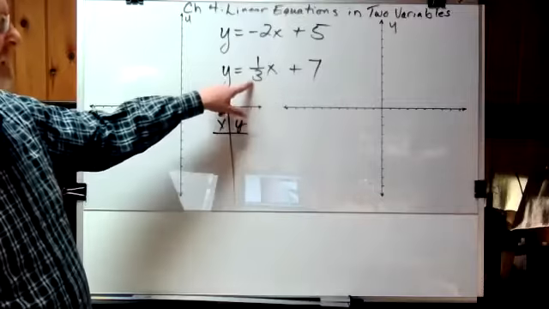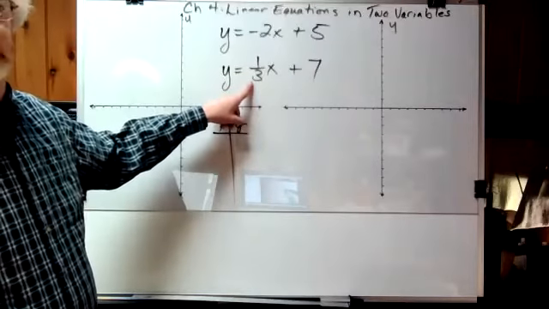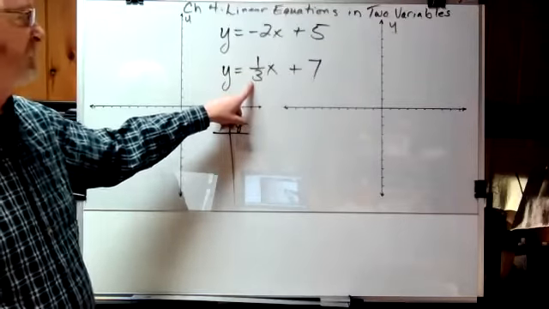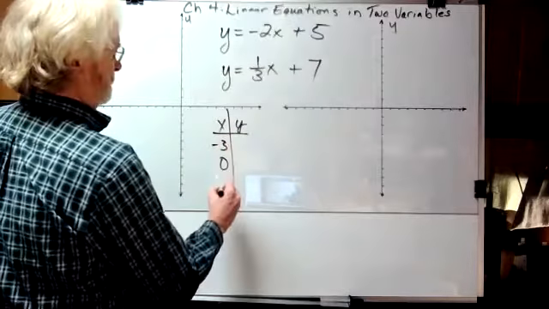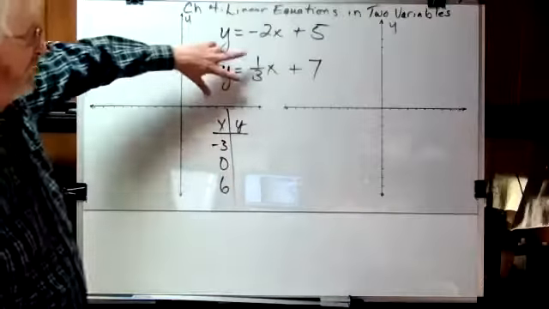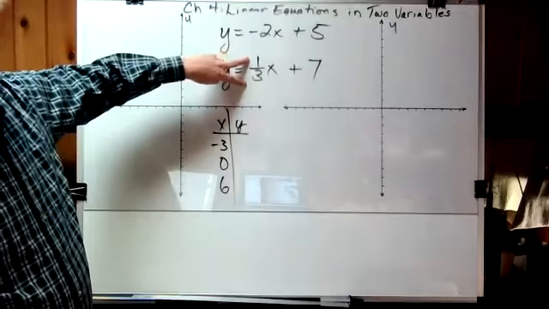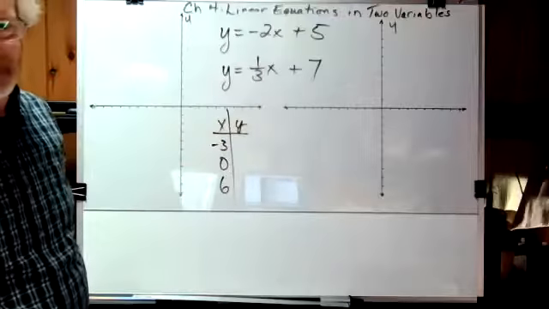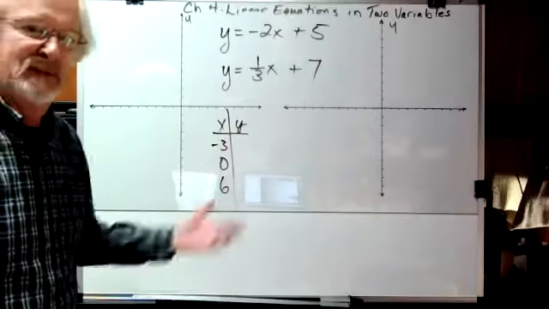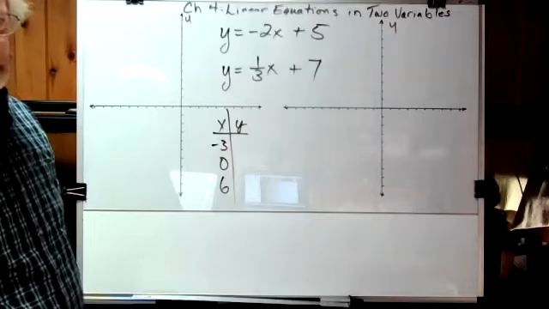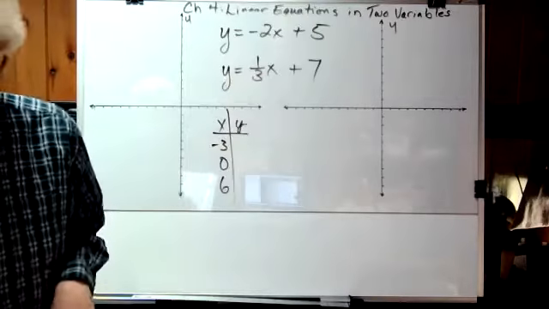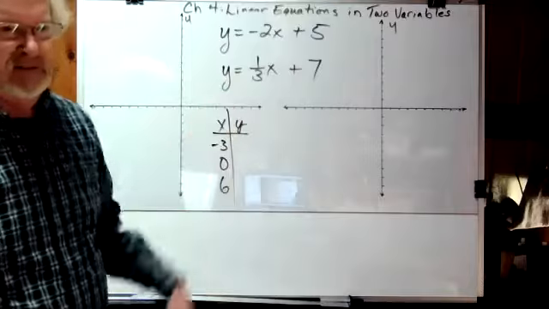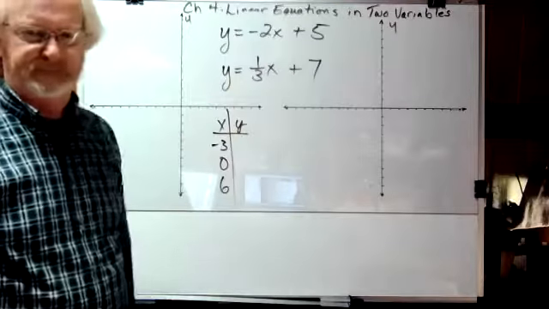Well, any number that's divisible by this denominator, any multiple of 3 would be a good choice, like -3 or 0 or 6. Something that works nicely with the fraction is kind of what I'm getting at. So that's what we'll do specifically tomorrow. We'll pick some nice numbers to go with a fraction like this. And then of course there's some weird ones we always have to look at. What kind of line is that?